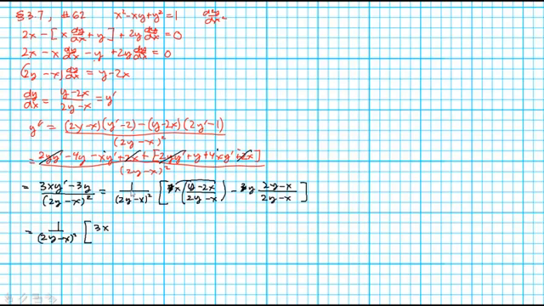We'll pull it there, and that will make things a little bit nicer. There we go. Alright, now I'm going to distribute the x through, and I get xy minus 2x. And then over here, I get negative y squared and a positive xy. And that's all over 2y minus x.